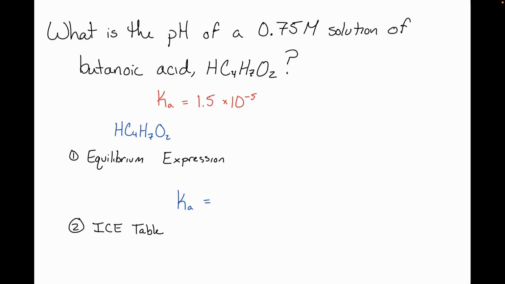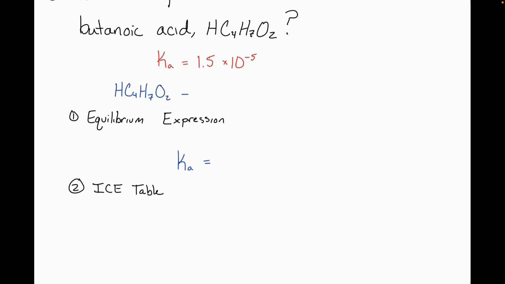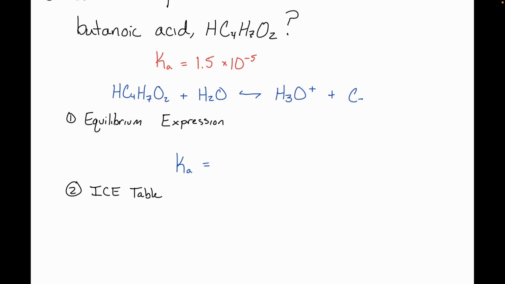What am I going to be reacting my butanoic acid in if I'm talking about taking the pH of this solution? Water, right? So we always have the same basic structure of our chemical equations: our acid plus water gives us hydronium ions and our conjugate base, which in this case, I'm just going to take a hydrogen away, so HC4H7O2.